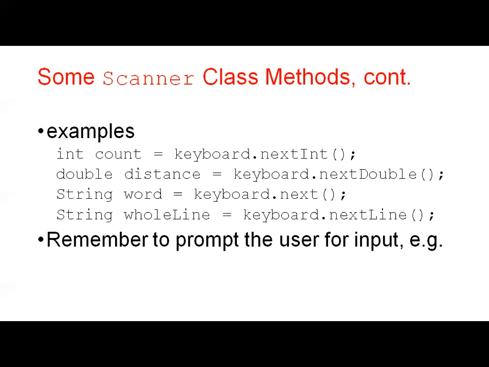For example, System.out.print("Enter an integer"). Then the user understands he has to enter an integer, and then you call keyboard.nextInt(). Whatever he enters, nextInt reads and stores into the variable count. That's how we can read an integer number.